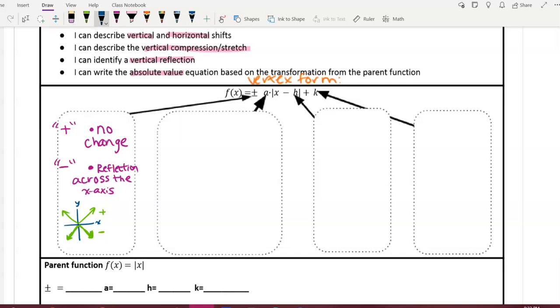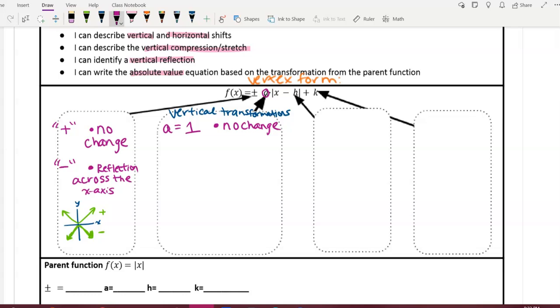So next, focusing on the A value. The A value tells us about any vertical transformations. So again, the A value represents vertical transformations. If A is equal to 1, there is no change in the parent function, at least no vertical change.